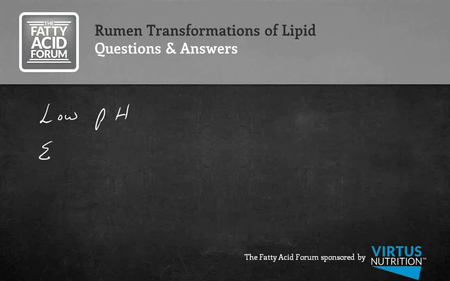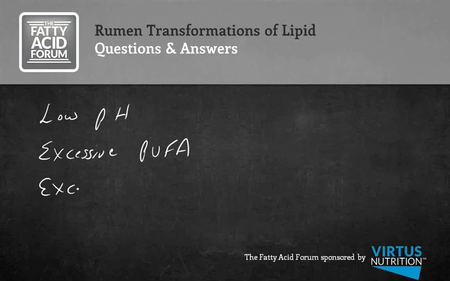Another one is excessive amounts of unsaturated fatty acids, especially polyunsaturated fatty acids, which is known to cause it. For that reason, we need to limit the amount of unsaturated fat that we feed to cows so that it doesn't overly inhibit the microbial population and cause this shift.